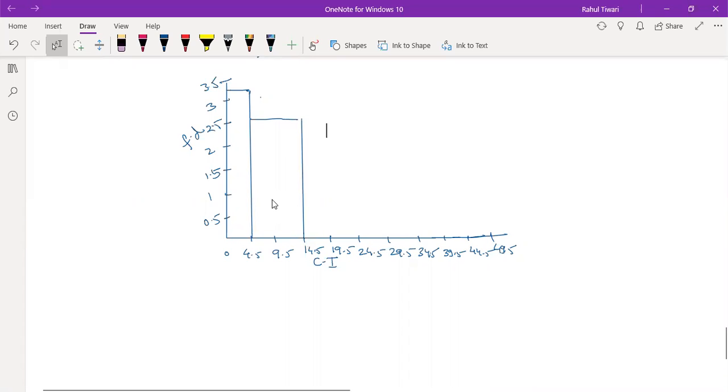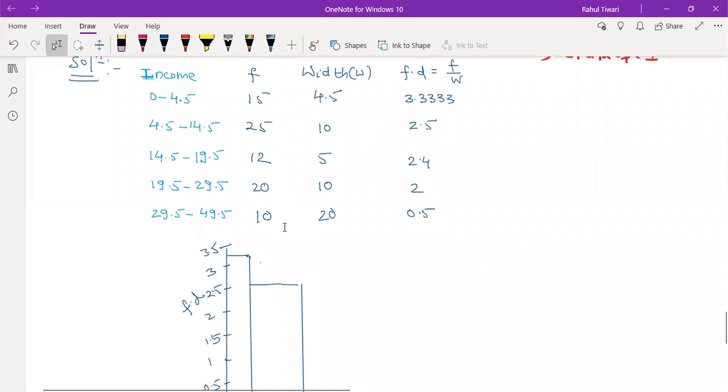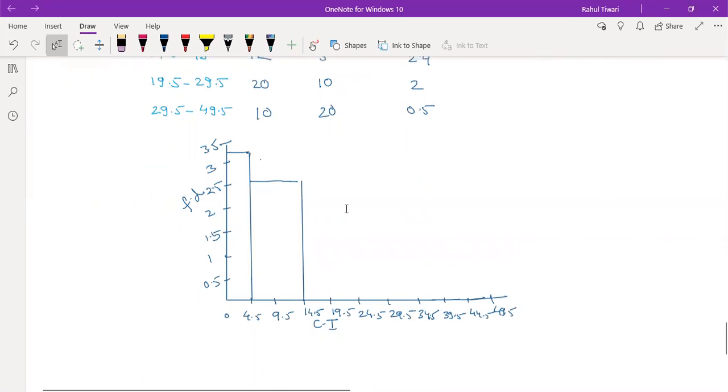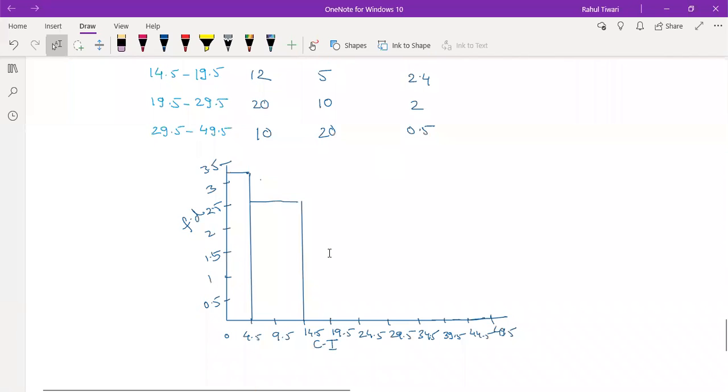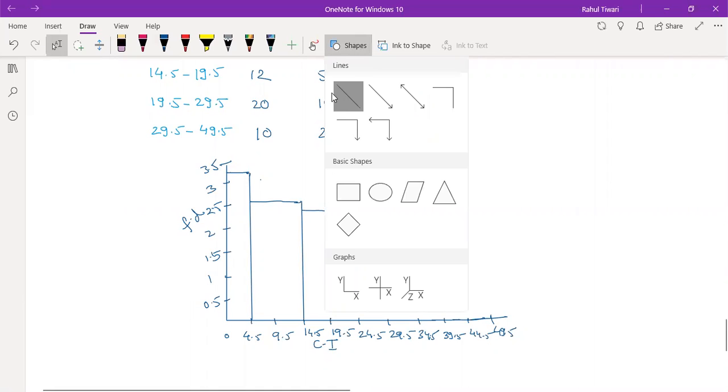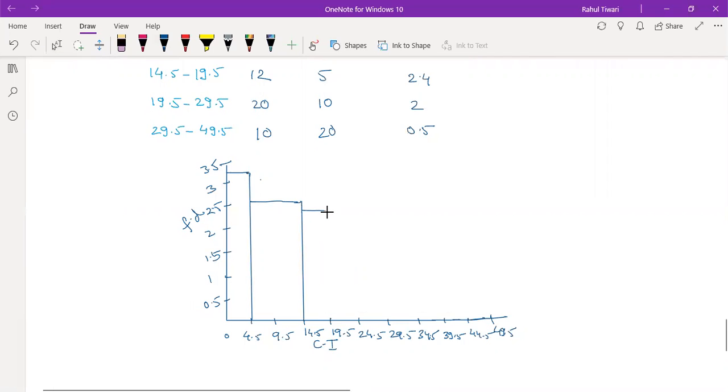And the next one we have is 14.5 to 19.5, approximately 2.4. So I may take 2.4 approximately here, and again we need to draw the diagram for the same.